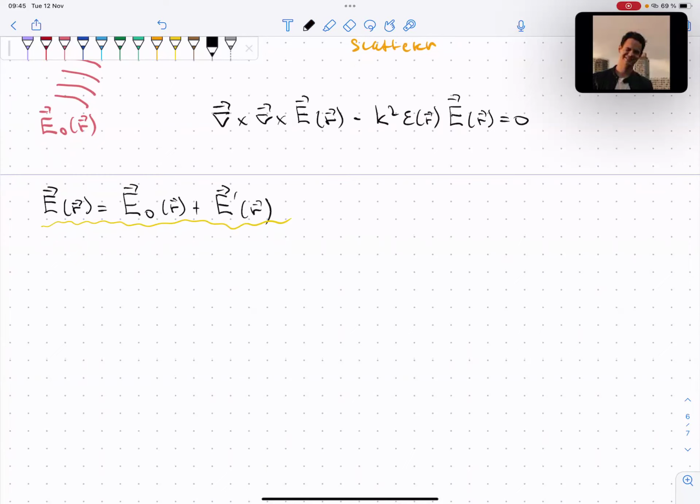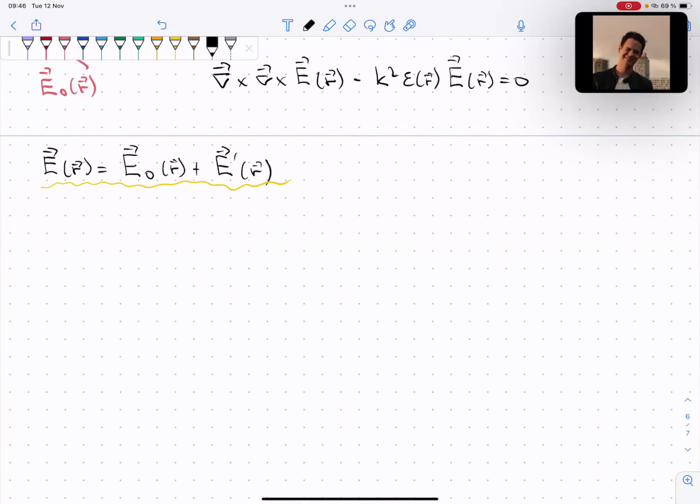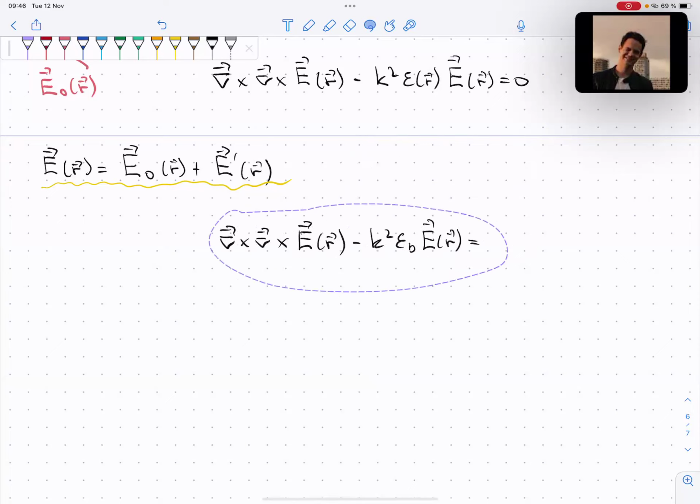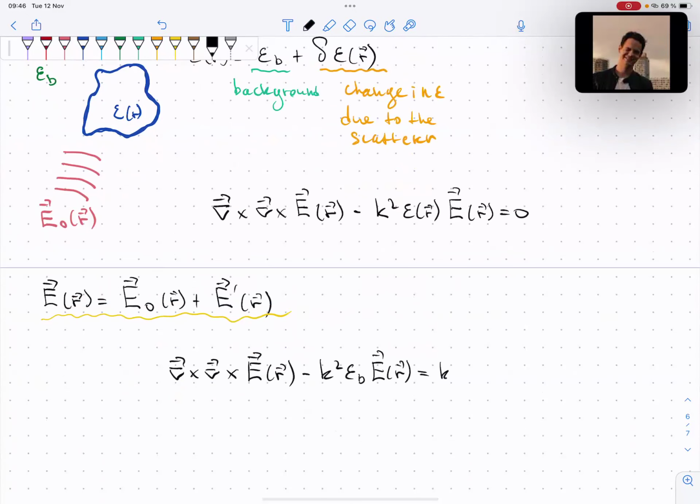We can actually do this because we can rewrite this equation as follows: curl curl of E of r minus k squared epsilon background E of r equals k squared delta epsilon of r E of r.